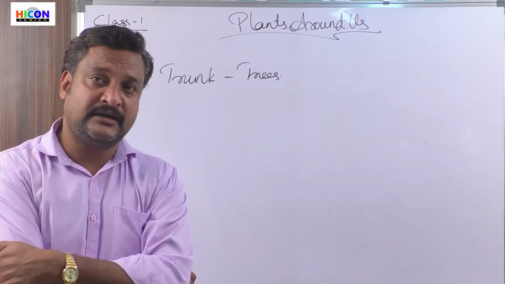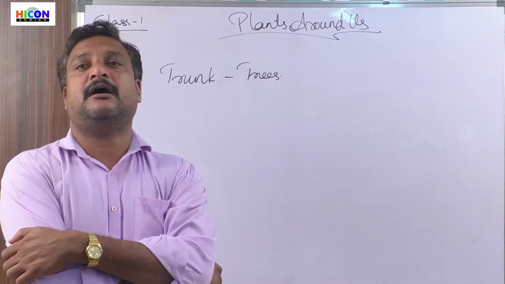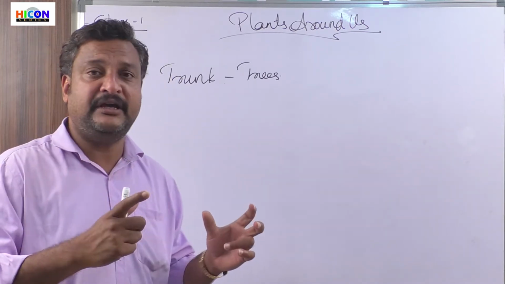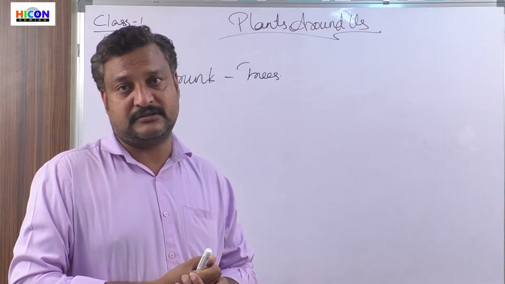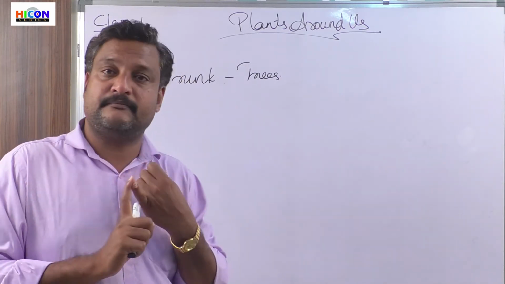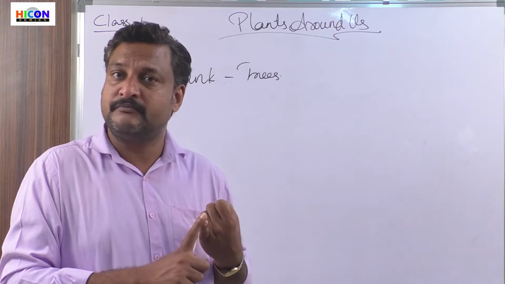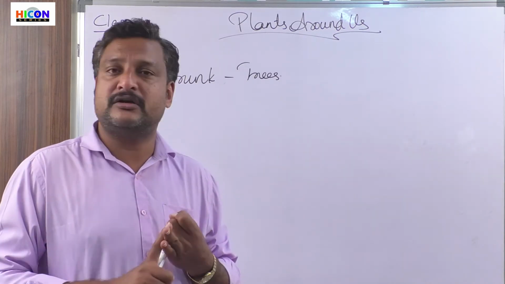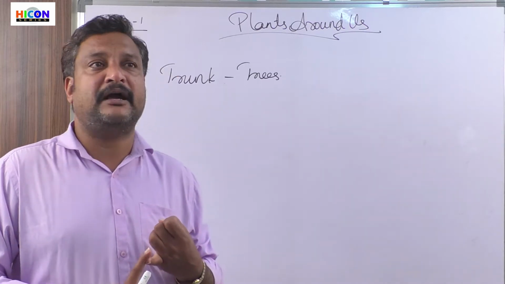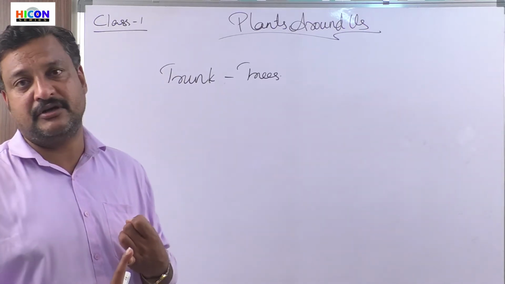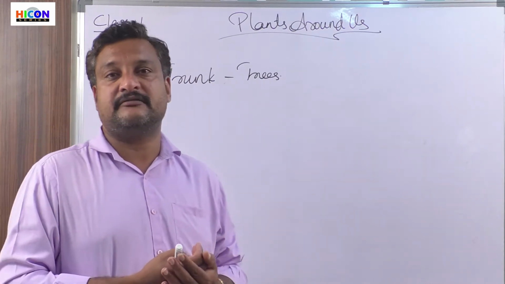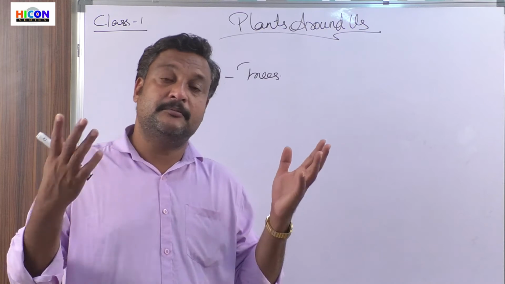So what are trees? Trees are huge plants with a thick, heavy stem called a trunk. Some trees have a single stem like a palm tree. We know the palm tree has a single stem. The coconut tree has a single stem, right? And some trees like a mango tree, a banyan tree, a jackfruit tree or a neem tree have multiple branches also.